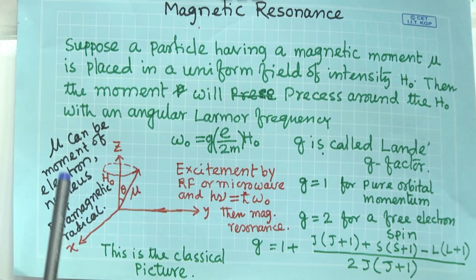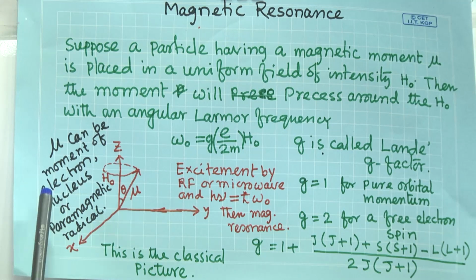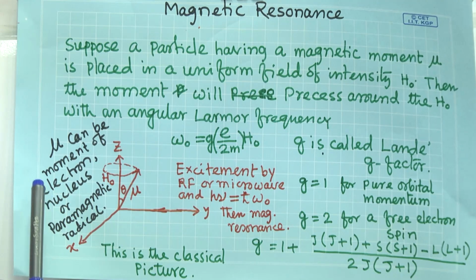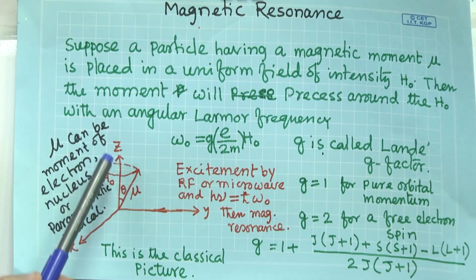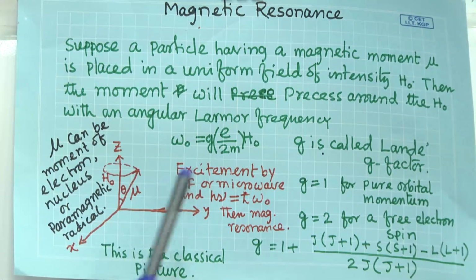Depending on the particle, you will see different magnetic resonance: electron spin magnetic resonance, or simply electron spin resonance, electron paramagnetic resonance, nuclear magnetic resonance. Whatever different names I mentioned, they basically work on the same principle as I discussed here.